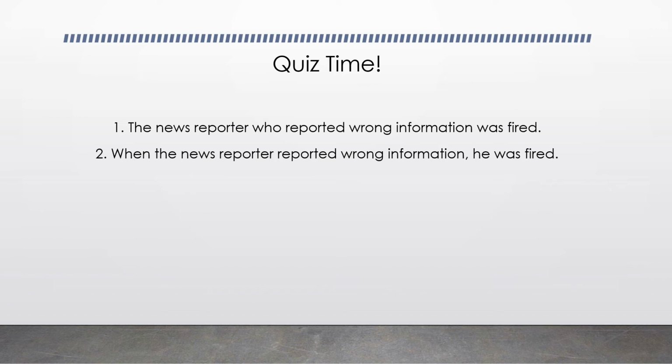Quiz time. Let's look at these two sentences and tell me which sentence, one or two, has an adverb clause. The news reporter who reported wrong information was fired. When the news reporter reported wrong information, he was fired. And the answer is sentence number 2, and the adverb clause is when the news reporter reported wrong information.